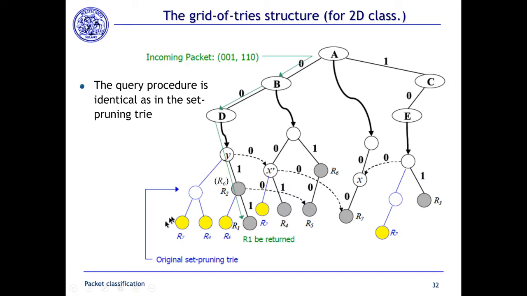Here you have to write the actions for rule 7 once, twice, three times. If you use the grid of tries, you only have to write the actions of rule 7 once.